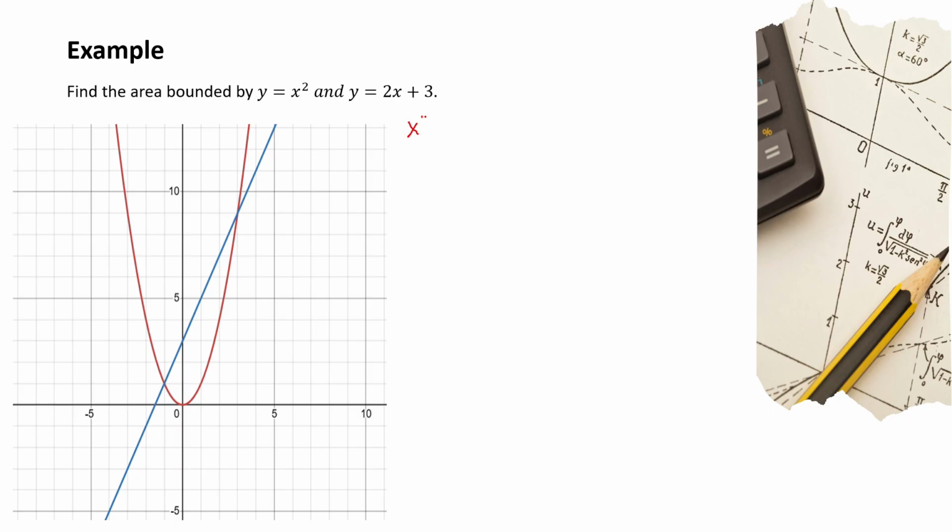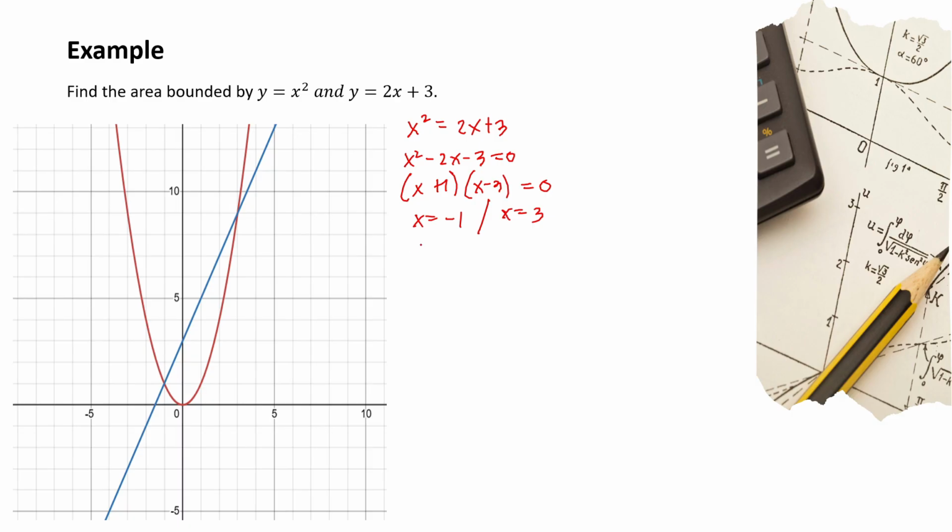So x squared is equal to 2x plus 3, therefore x squared minus 2x minus 3 is equal to 0. We factor: x plus 1 and x minus 3 is equal to 0, so x is equal to negative 1 and x is equal to 3.